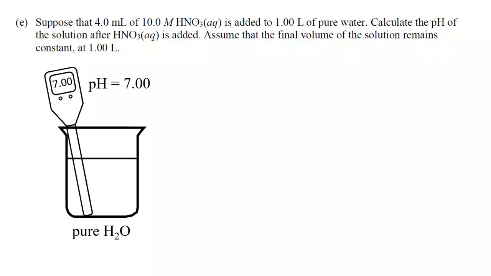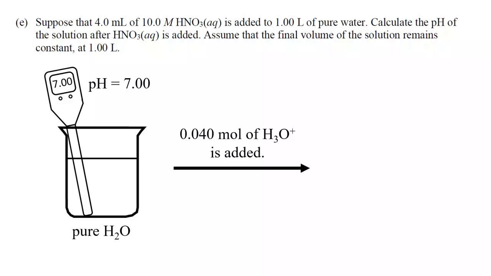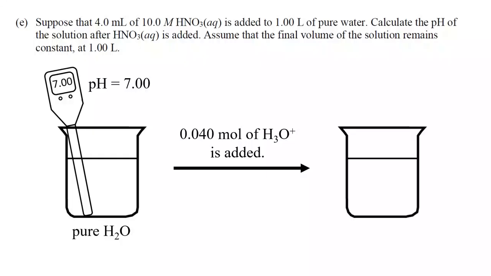And here comes that small amount of strong acid, which is going to be 0.040 moles of the hydronium ion. Now, when that's added to this sample of pure water, it says, assume that the final volume of the solution remains constant at 1 liter. We now have 0.040 moles of the hydronium ion dissolved in a total volume of 1 liter.